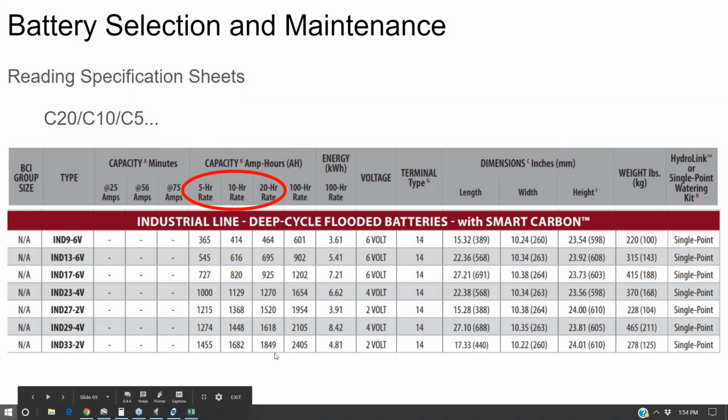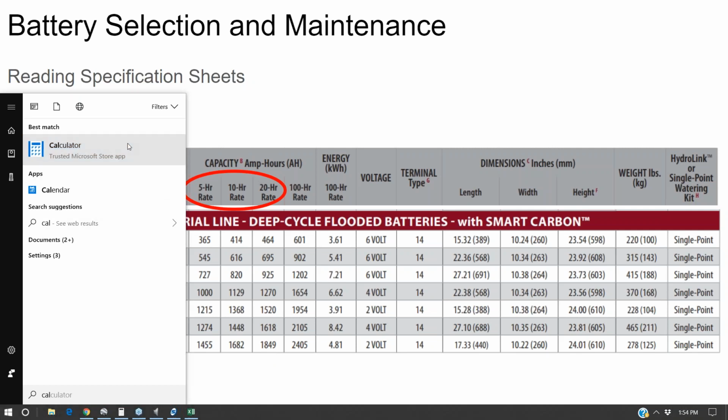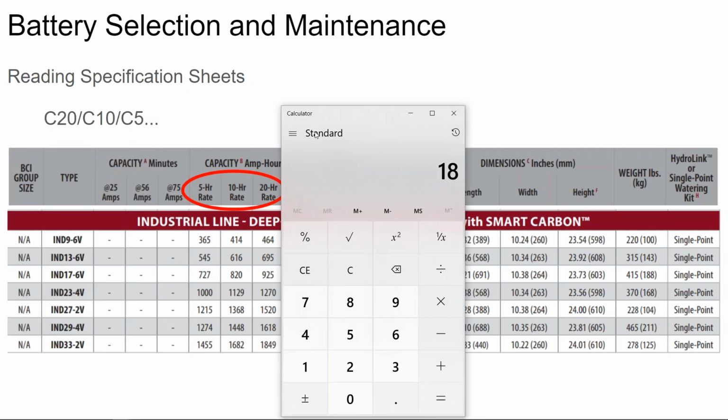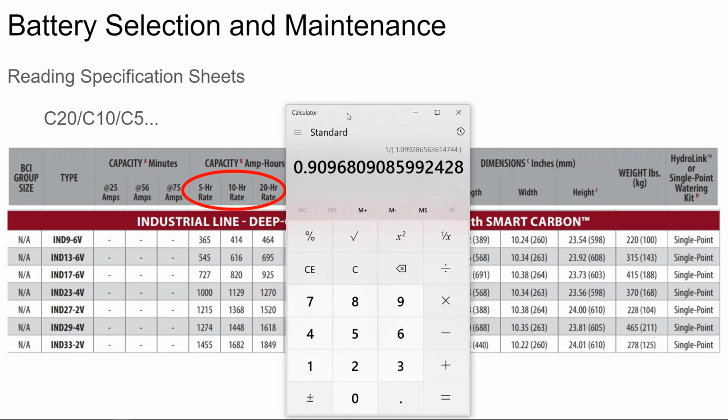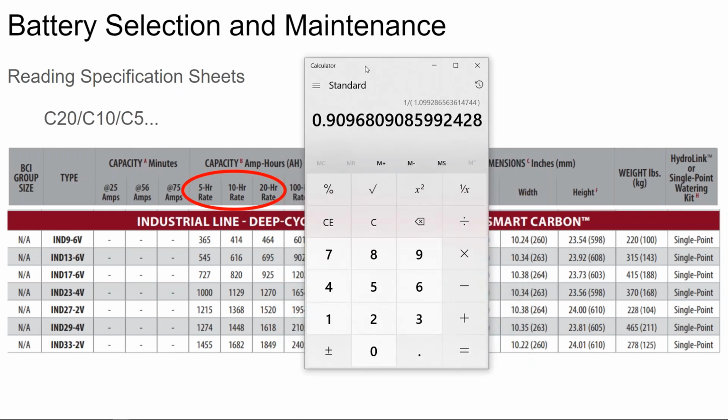And so that's literally, if we cut the cycle time in half, we lose 10% of the capacity. Well, then look, if we discharge it over 5 hours instead of 20 hours, we're losing a little over 20% of the capacity.